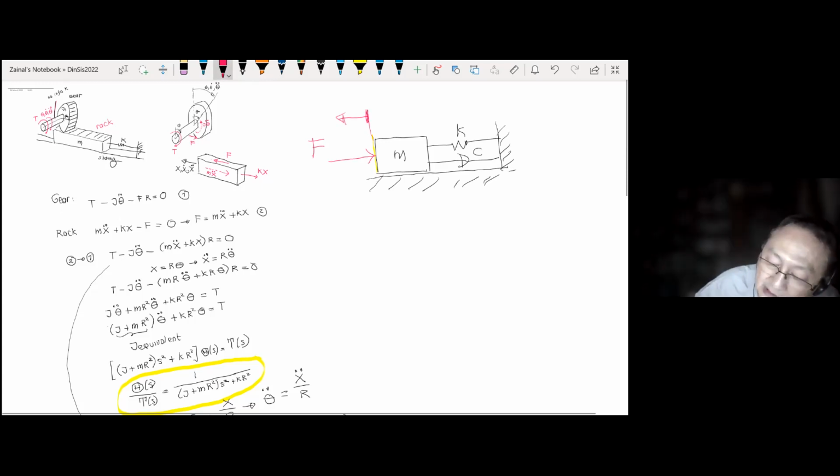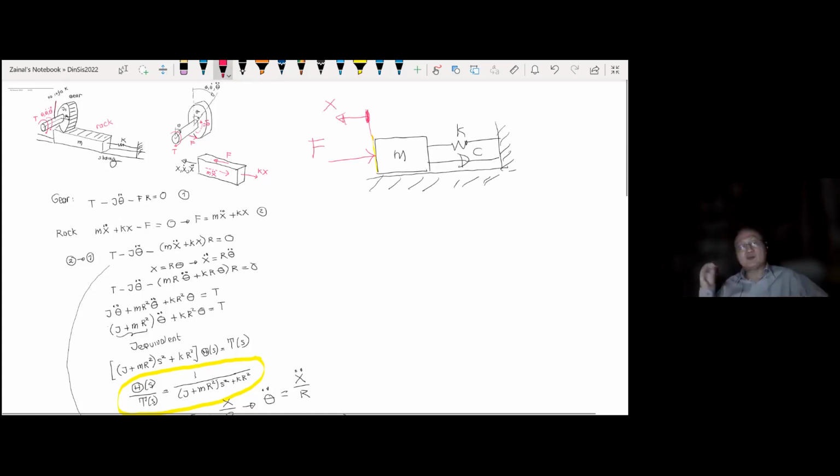Is it possible? So, x in that direction. Is it possible?